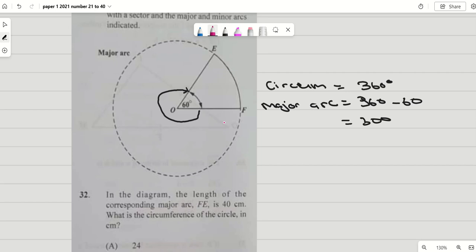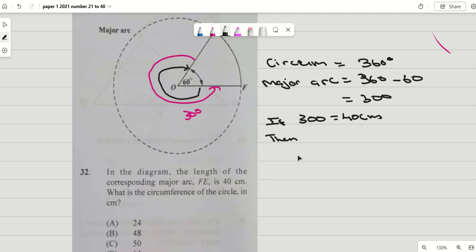Let me put it in a different color. This is actually 300 degrees. They told you that the length of the major arc is 40 centimeters. So now we have something. If 300 equals 40 centimeters, then let's look at the options here.